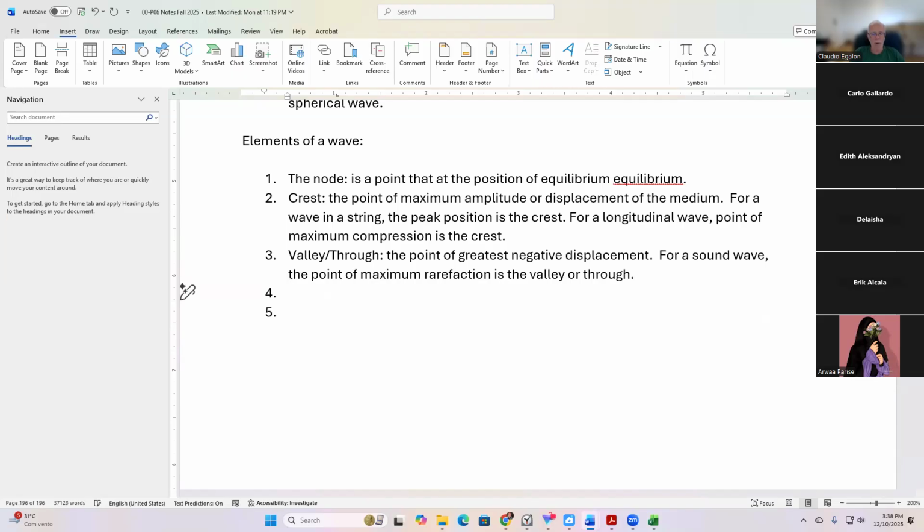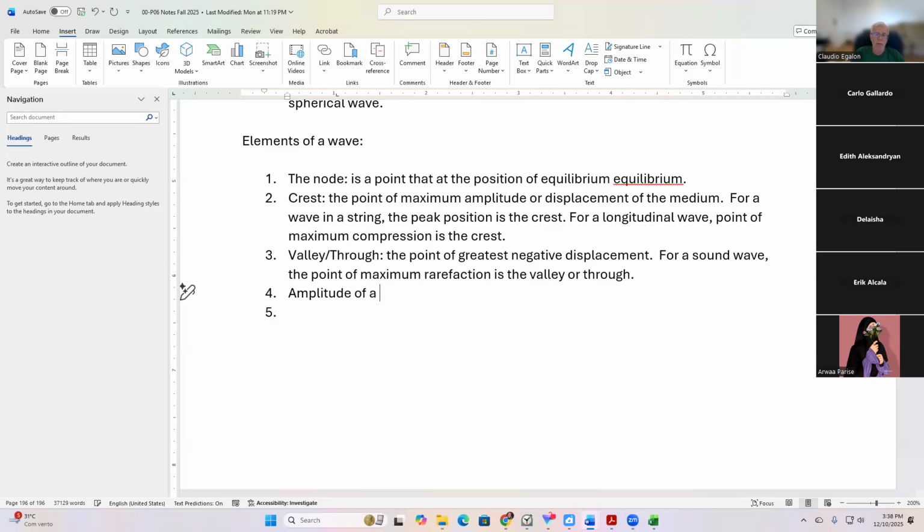And we have more, okay? Those three are very easy to memorize. There is no challenging understanding that, right? But then we have other things. We have amplitude, right?